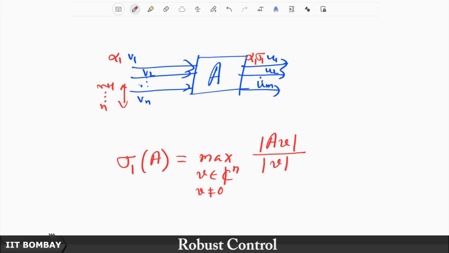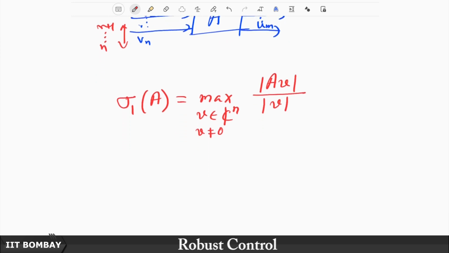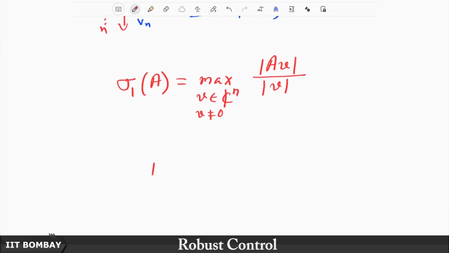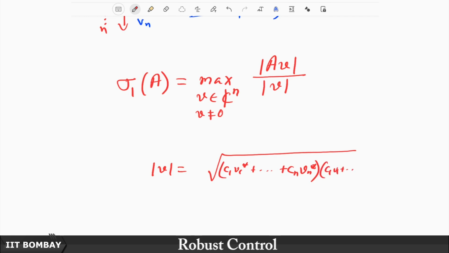Now you think of this here. What is after all the norm of V? If you look at the norm of V, it is nothing but the square root of C1 V1 star plus dot dot dot plus Cn Vn star times C1 V1 plus dot dot dot Cn Vn.